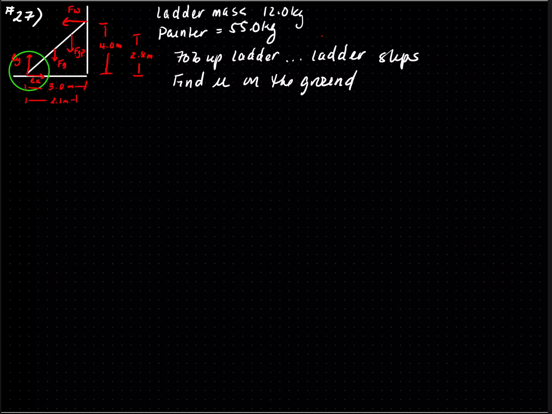So my general torque equation becomes torque net is equal to torque from the wall, or the normal force from the wall, plus the torque of the painter, plus the torque of the ladder, plus the torque of the pivot point, which cancels out because my R, which is the distance from the pivot point, is 0.